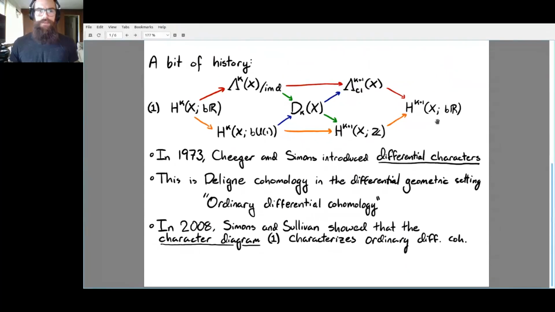It can be used to axiomatize it. There's a big gap, as you can see in this time frame, and in between, there were a development of a lot of different differential cohomology theories, which is why we separate out ordinary differential cohomology, which equips ordinary integral cohomology with differential form data.